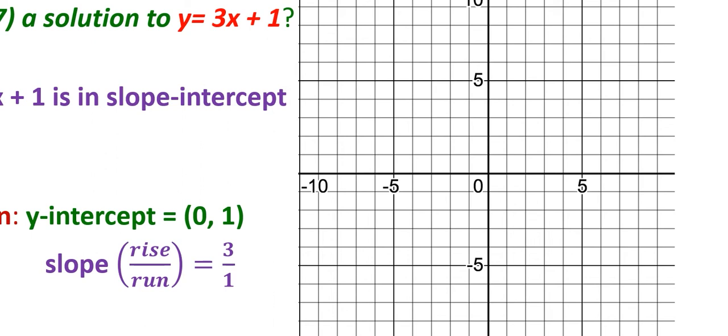Let's check using a graph. Is the point 2, 7 a solution to y equals 3x plus 1? So y equals 3x plus 1 is in slope-intercept form. We know our y-intercept and we know our slope.